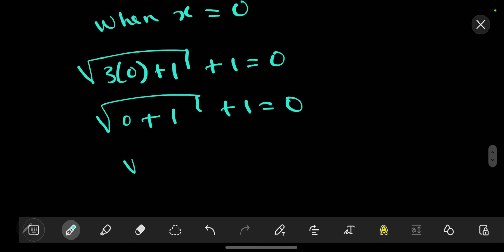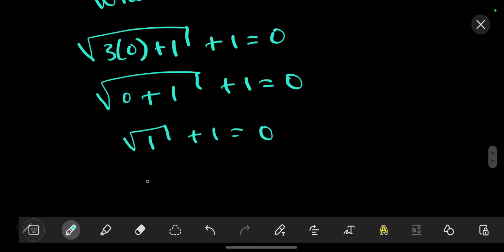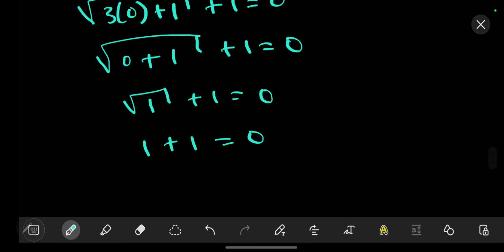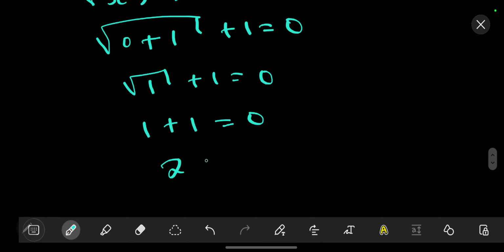Then we are going to get the square root of 0 plus 1 is 1. Plus 1 should be equal to 0. So already here the square root of 1, we take the positive. So it will be 1 plus 1, which should be equal to 0. 1 plus 1 gives us 2, which is not equal to 0. So already this solution is false. So that's not your actual solution.